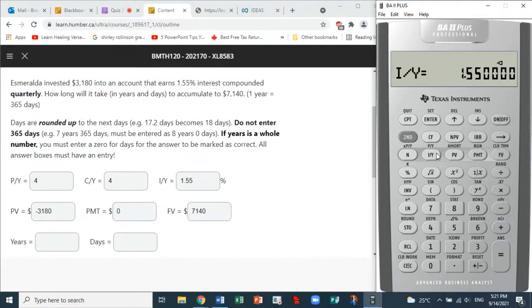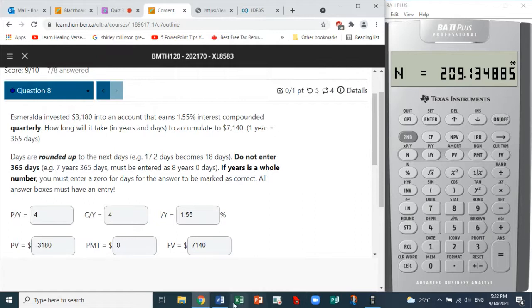So 1.55 and 3180, we make it negative, that's the present value, 0 for payment, 7140 is the future value, and then we compute n. So n is 209.13485.